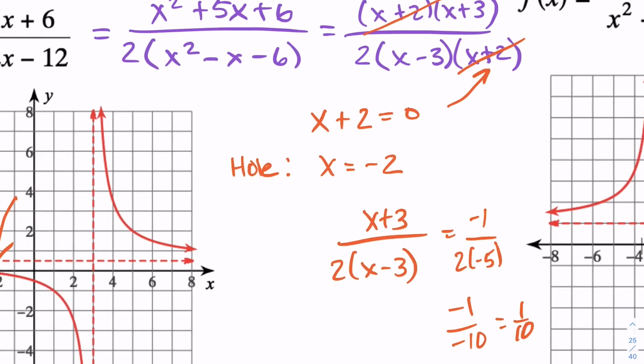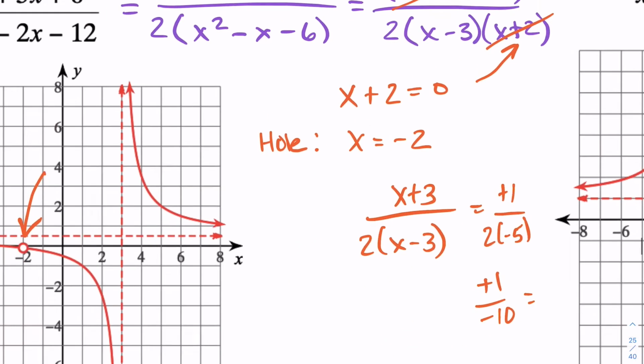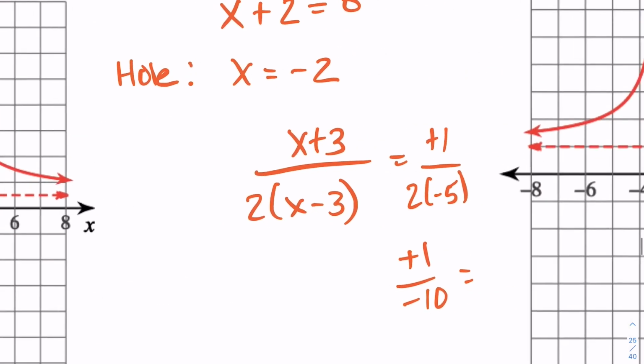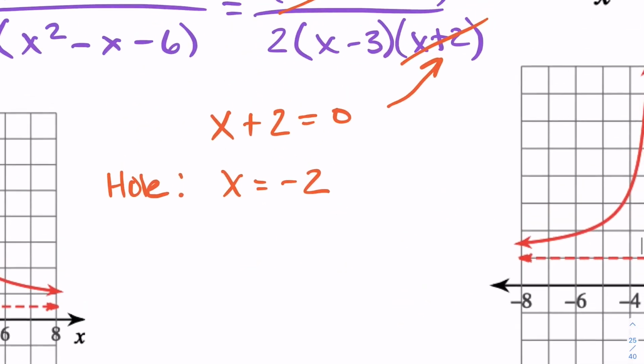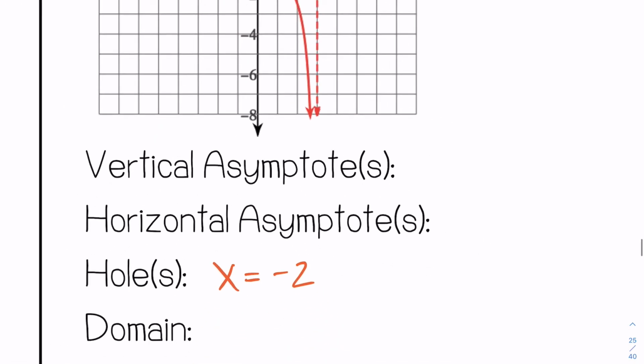I think I did that math right. Nope, I did something wrong. -2 plus 3 is a +1, making that a positive, making this a -1/10. Okay? And that's an idea of where it should be, -1/10, but it's not. So we're not going to do any of that work. So let's just erase all of that. But what I do want to say is, okay, x equals -2 is the hole for this.